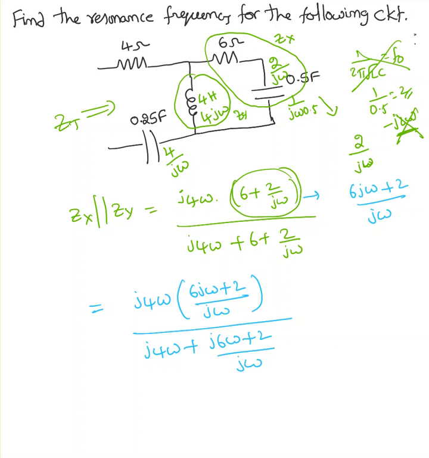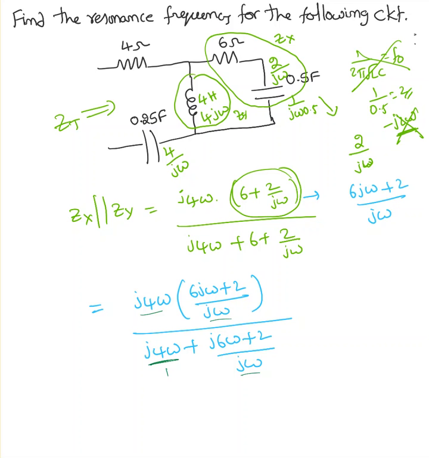Now another important point is, do not cancel this j omega here and that j omega there, because I have j omega in the denominator too. These two usually get cancelled out, the denominator of the numerator and the denominator of the denominator.